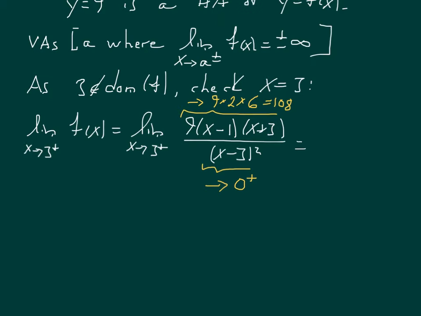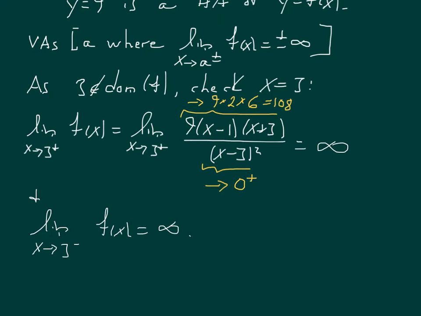For now, just writing down the limit as x tends to 3 from the right, what will we get? For all x's we're considering, we're going to have a numerator close to 108 divided by a very small positive value. It's going to be very big. This is tending to plus infinity, and similarly, for exactly the same reason, the limit as x tends to 3 from the left of f of x is equal to infinity too.